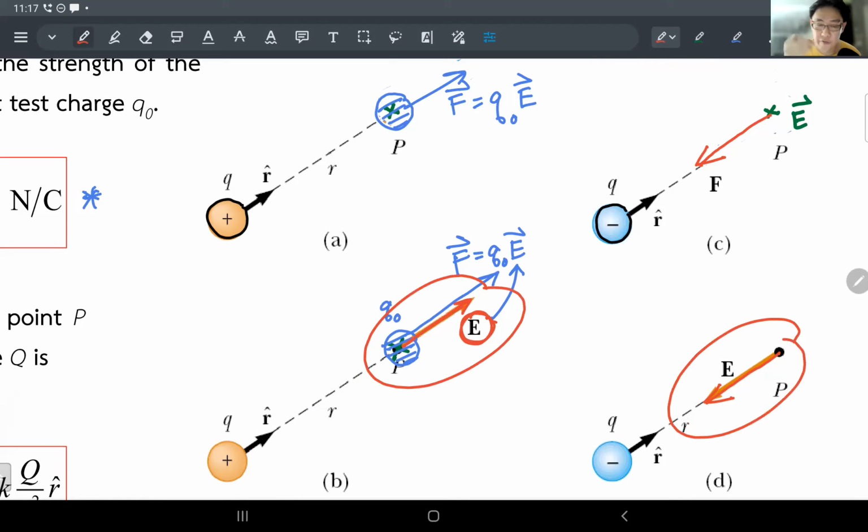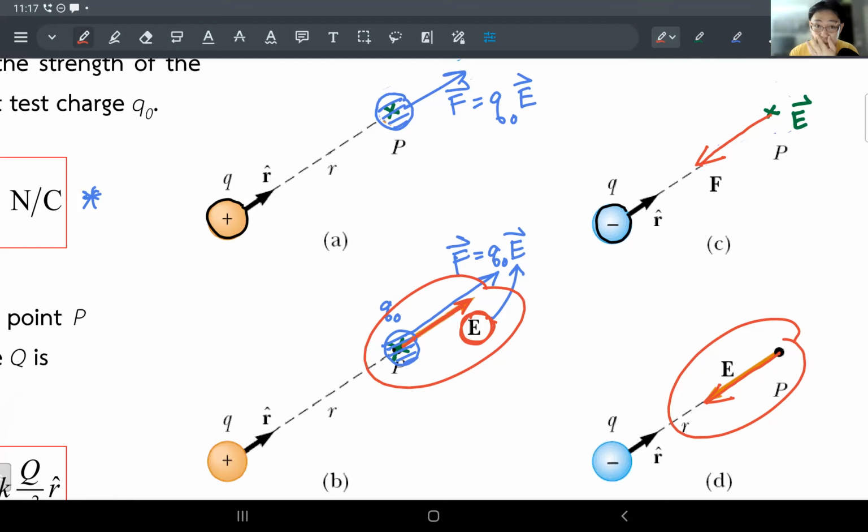So you can think of the charge generating the field as the origin of the field. If that origin is a positive charge particle, then the field is diverging out. It's just radiating, in the direction coming out from the positive charge. And if it's negative, the field just points towards the negative charge.